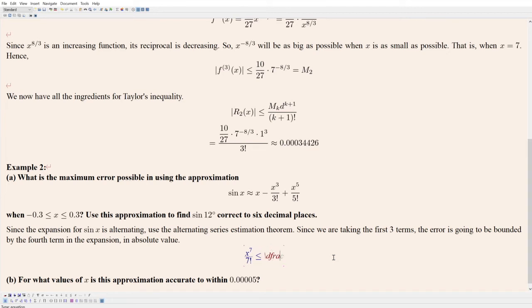So this is going to be less than or equal to 0.3 to the power 7 over 7 factorial, which is about, well, let's see. Oh, that's a power of 8 there. Okay.